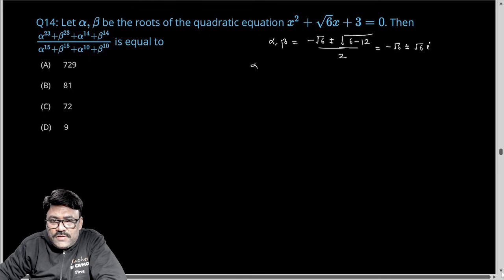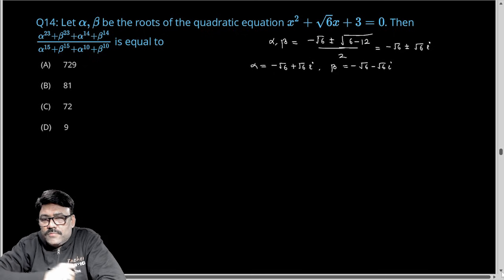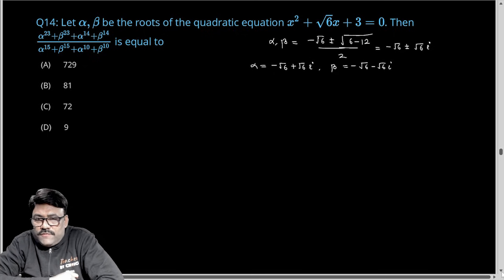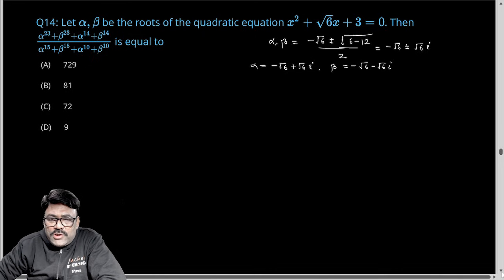So let's say alpha is minus root 6 plus root 6 iota, and beta is minus root 6 minus root 6 iota. Now if you check the modulus of alpha, obviously modulus of alpha and modulus of beta both will be the same.